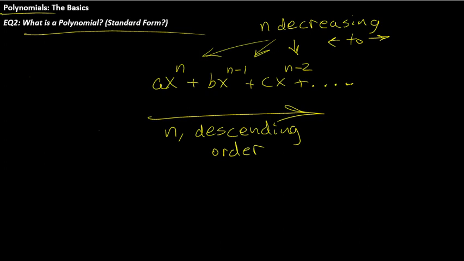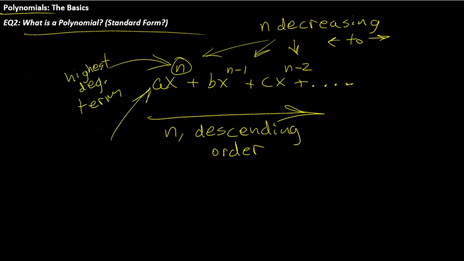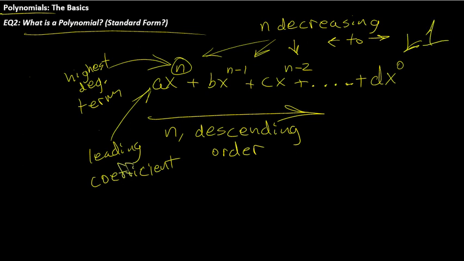The other thing, furthest to the left, we have our highest degree term, and this a right here is our leading coefficient. And let's say at the very end we have d times x to the 0. Well, x to the 0 is just equal to 1, and the d would just be a constant, therefore.